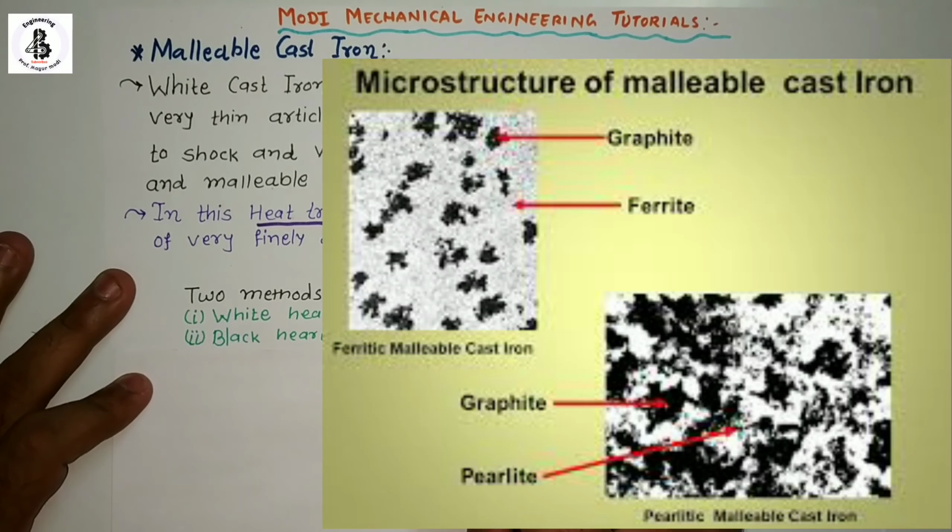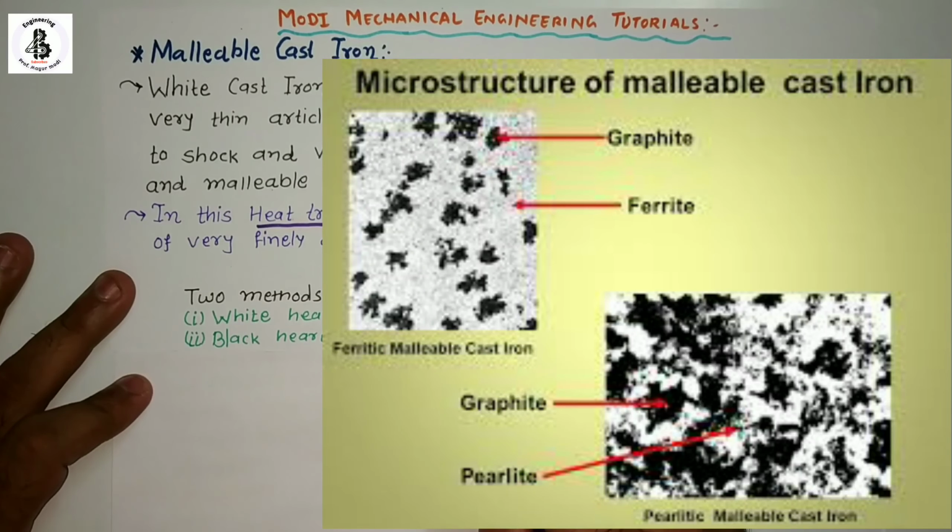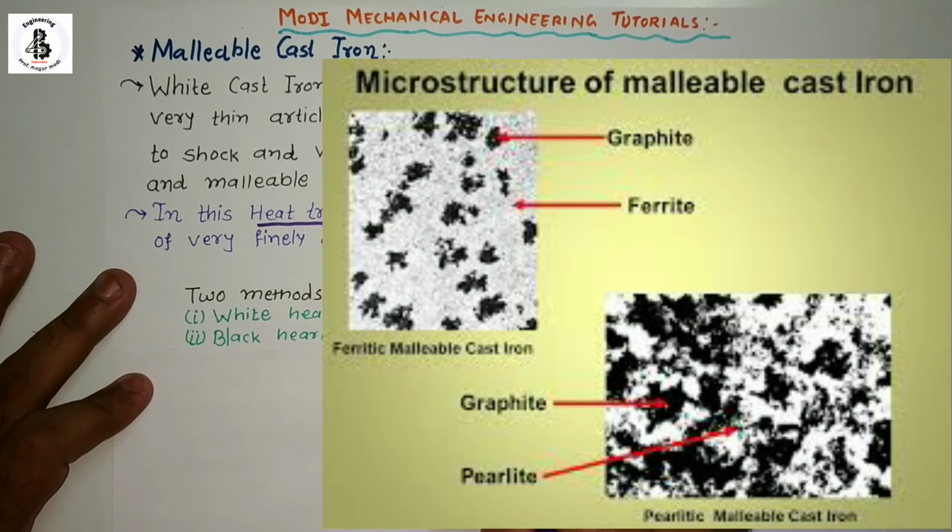The white heart malleable casting shows a white fracture with a soft and ductile decarburized ferritic skin. The structure of the casting consists of a white surface layer with nodules of tempered carbon in a ferritic, or you can say pearlitic, matrix. The ferritic or pearlitic matrix is decided by the degree of malleabilization treatment.